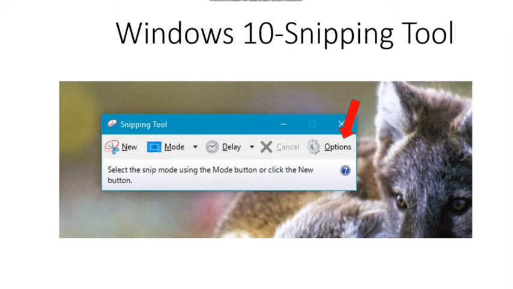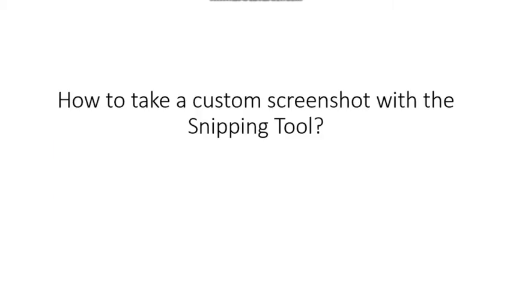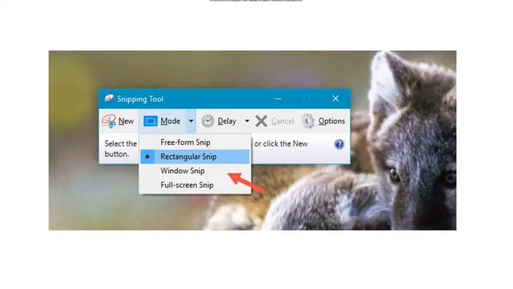Now let's see how to use the snipping tool to do what it's supposed to do, how to take screenshots. Now there are 4 types of screen captures available when using the snipping tool.